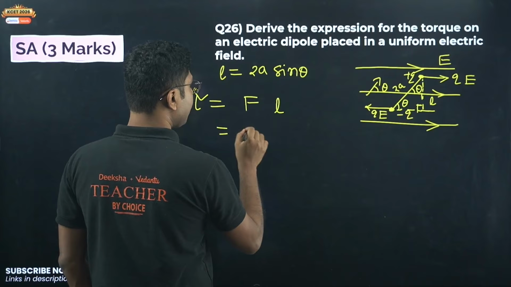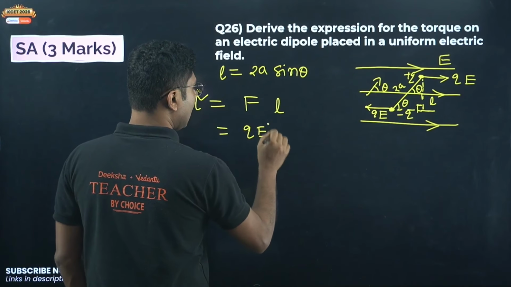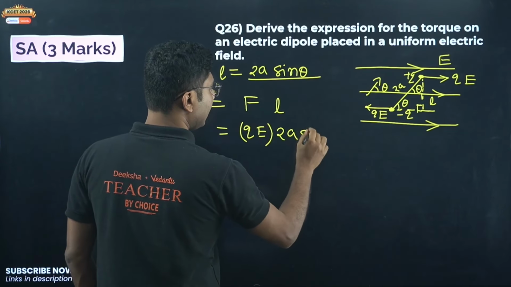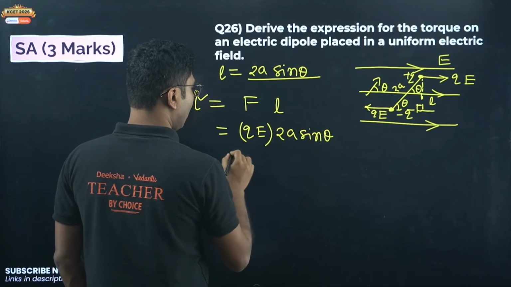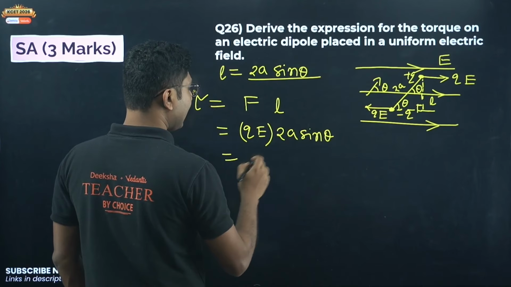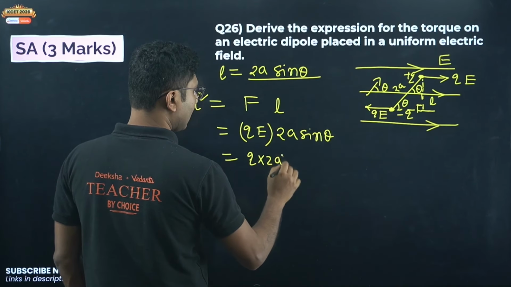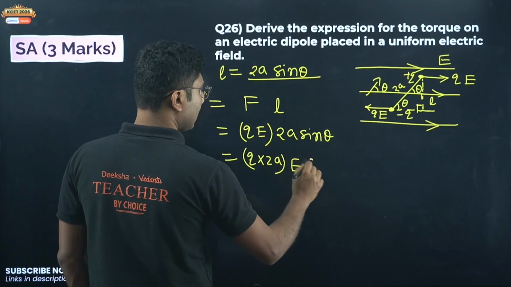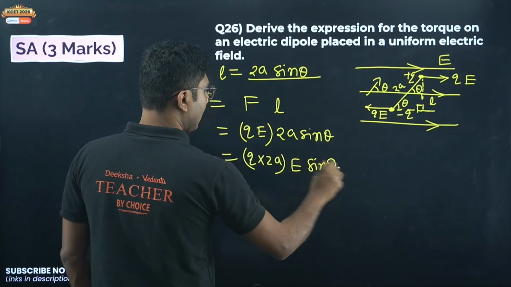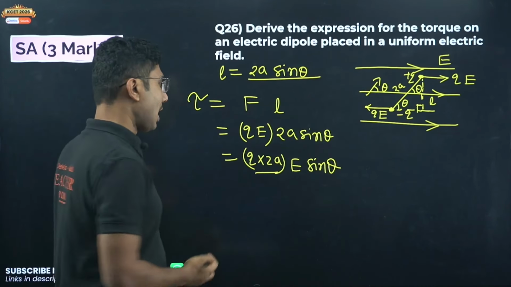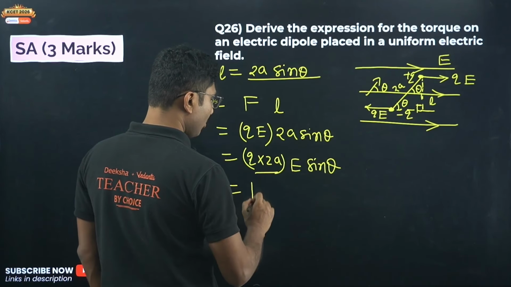Now force is given by Q into E and L is given by 2a sine theta, or we can rearrange them as Q into 2a into E sine theta. Now Q into 2a is a fixed quantity for a given dipole, and that is known as the dipole moment.